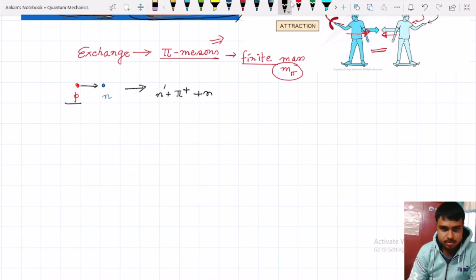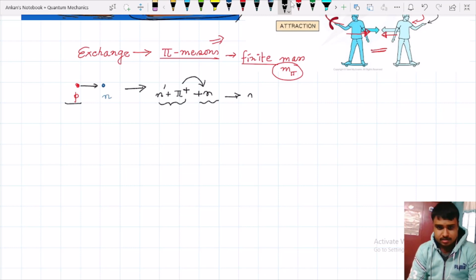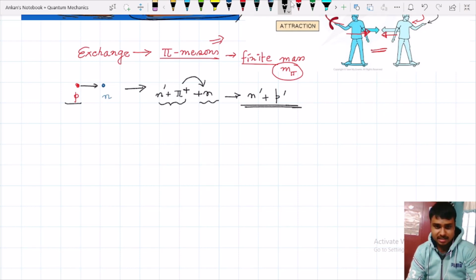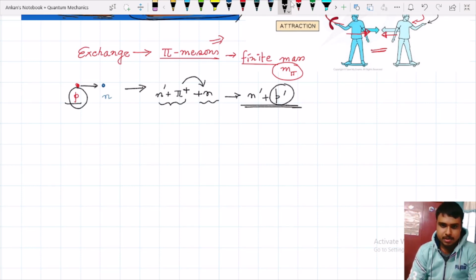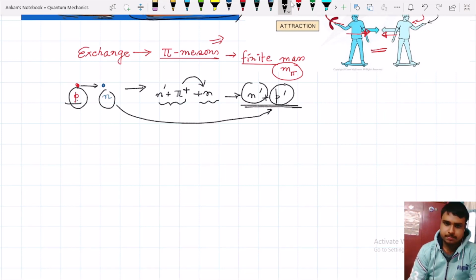So this proton gets transformed to this, and the neutron that is present receives this pi, and there will be n prime plus p prime. The neutron and proton are the same in character, but the prime denotes that the position coordinate is changed. What position coordinate p has, a different position coordinate will have p prime. So this proton gets transformed to this neutron, and this neutron gets transformed to this proton.